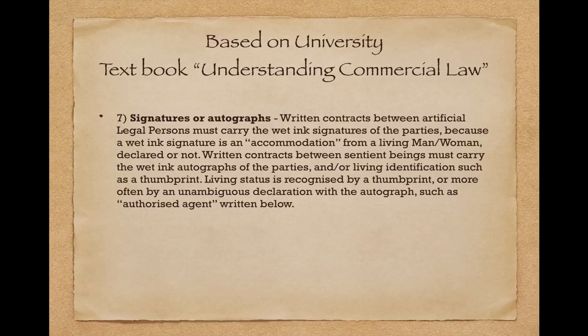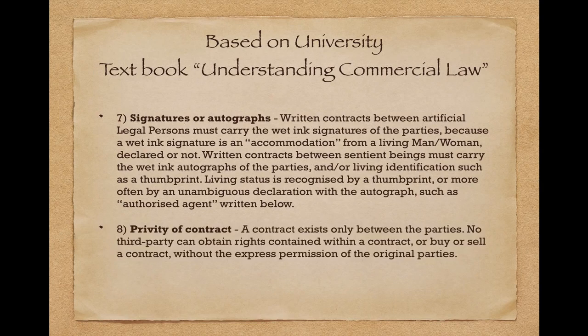Now you can have authorized agent, you can have by accommodation, or you can have your thumbprint. That is the only way that you can absolutely go into contract. So whenever they come at you in any legal capacity, remember number 7 of contract.